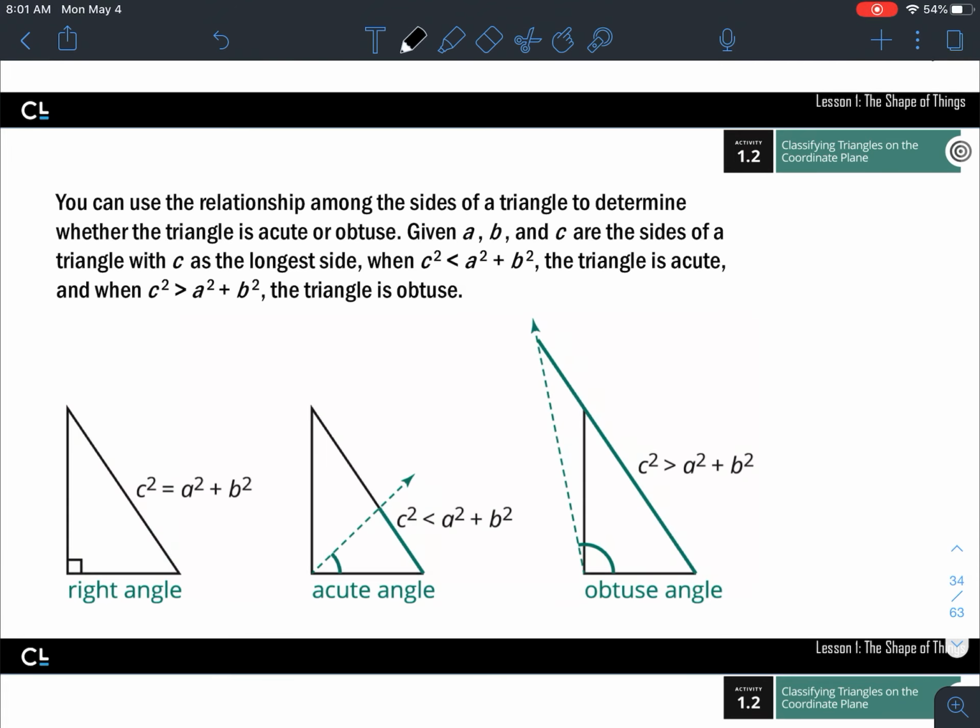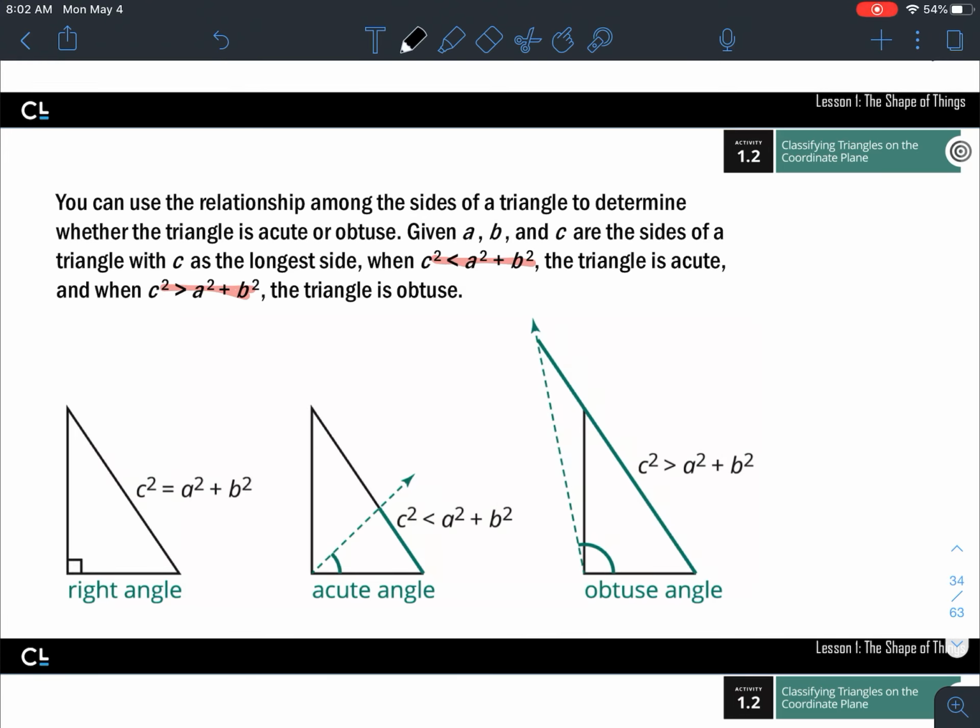You can use the relationship among the sides of a triangle to determine whether the triangle is acute or obtuse. Given A, B, and C are the sides of a triangle with C as the longest side, when C squared is less than A squared plus B squared, the triangle is acute. When C squared is larger than A squared plus B squared, the triangle is obtuse. Okay, so, excuse me, sorry guys. So we look at this. C squared equal to A squared plus B squared is a right triangle.